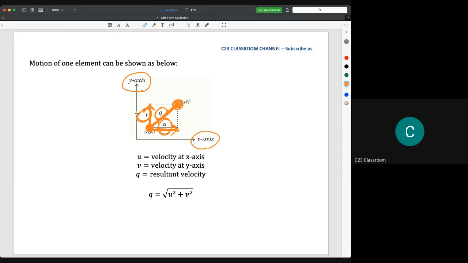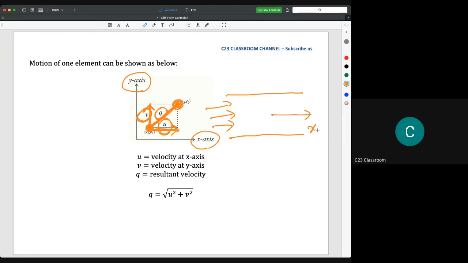So the existence of velocity components can actually be proved in real life. For example, if we have a river here, and the river flows at a certain velocity, this is the velocity of the x component.